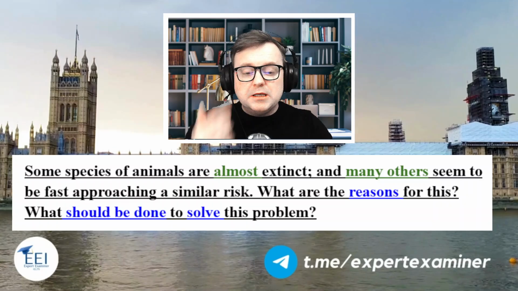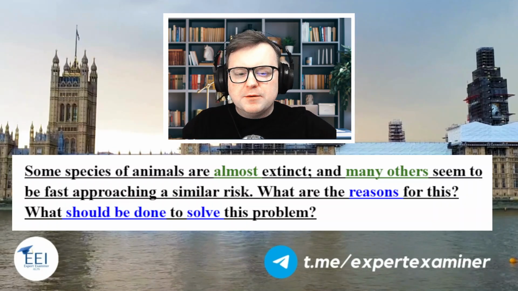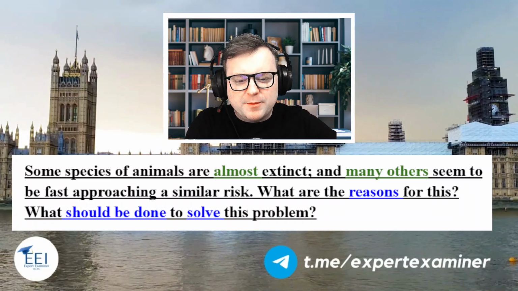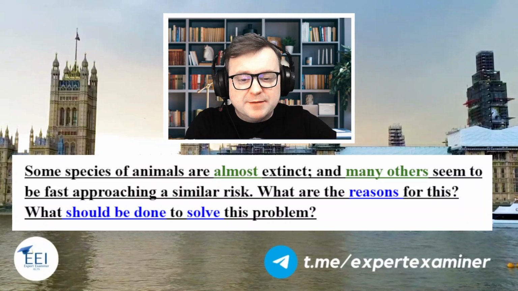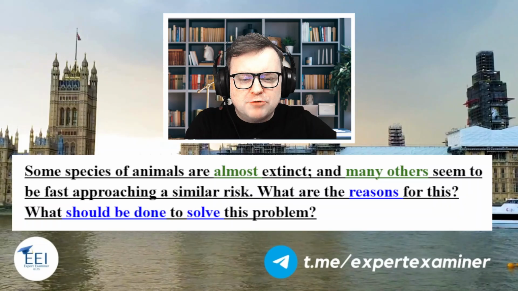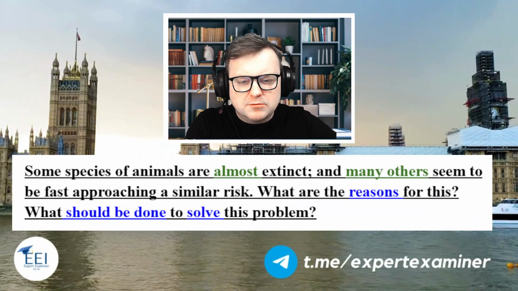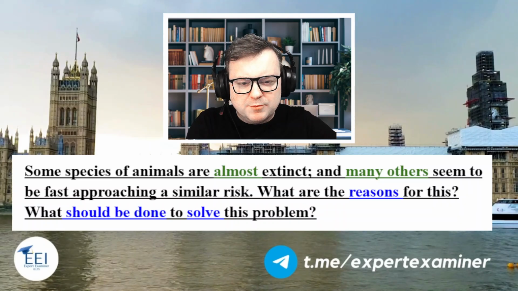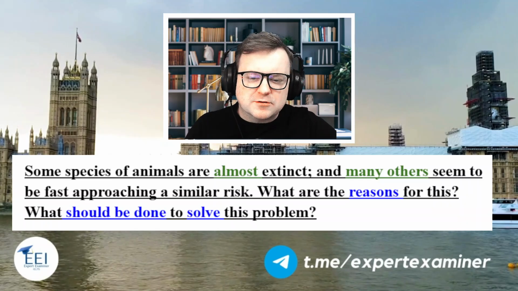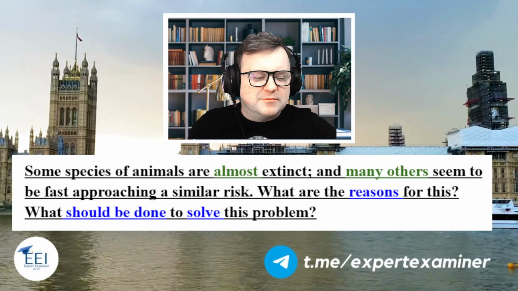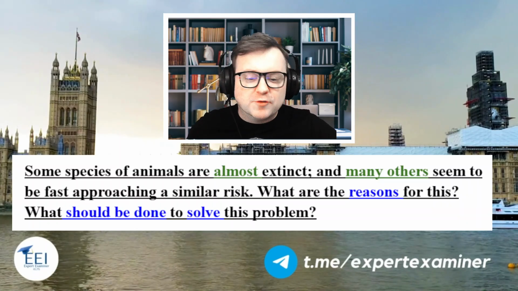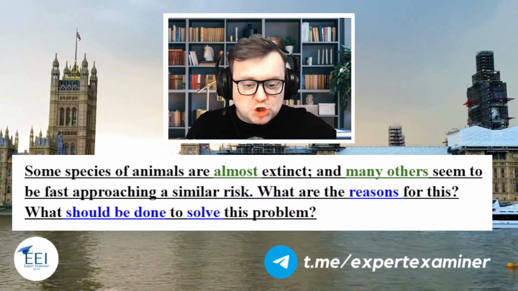So in terms of structure, in the introduction, I like to have some background information about the subject. Here, the subject is animal extinction. Then I want some reference to the question, the fact that this is a problem, and that perhaps governments and environmentalists are trying to solve the problem, that they see it as a problem that should be solved.